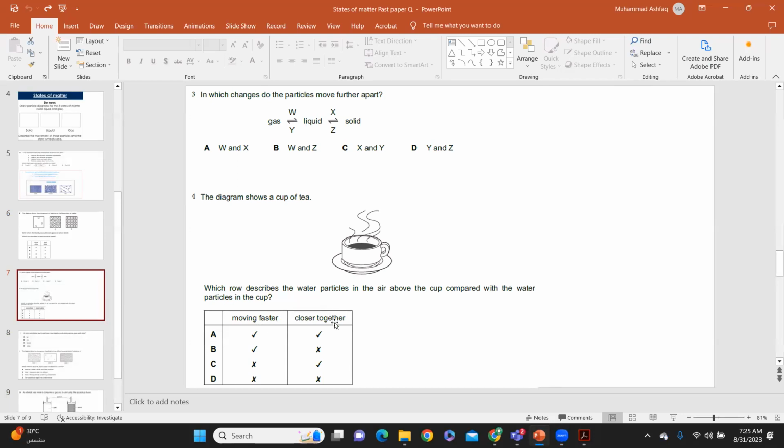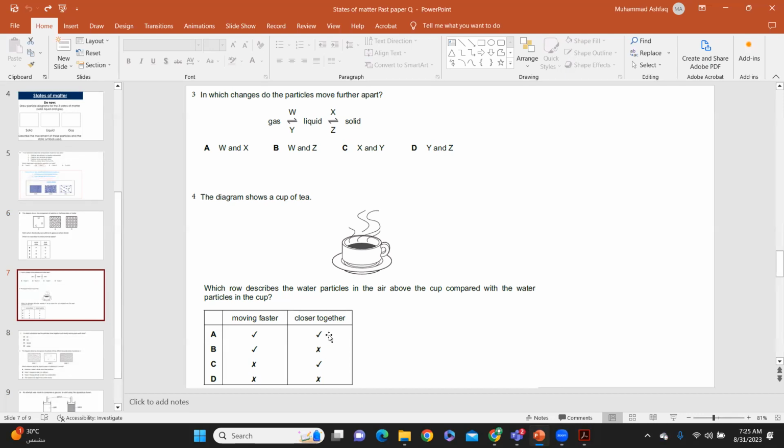Condition B says moving faster, but not close together. We are talking about the steam, not the water. Okay, got it?